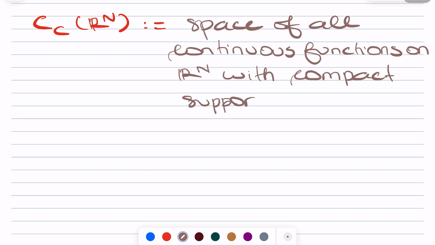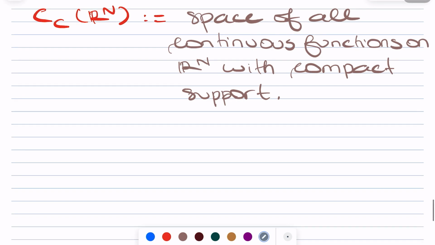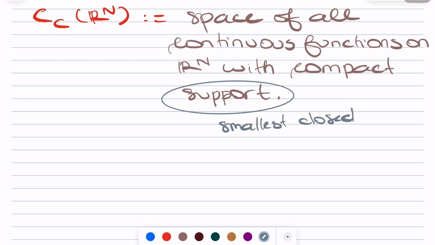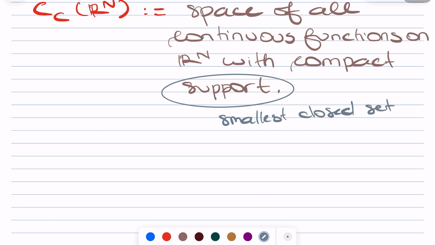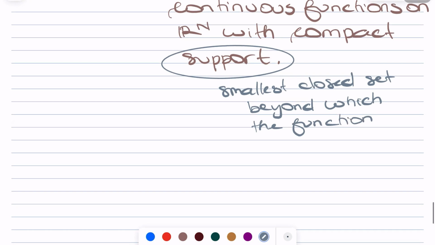The support of a function is the smallest closed set beyond which the function vanishes.